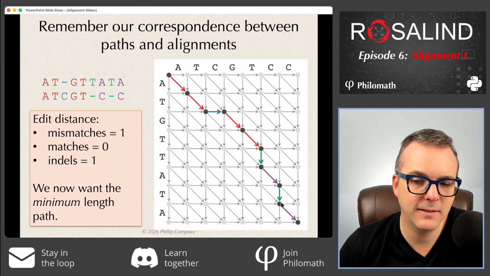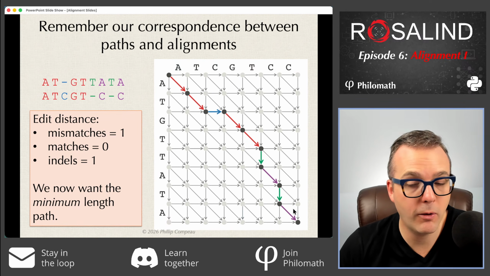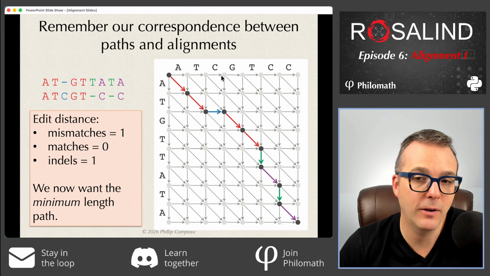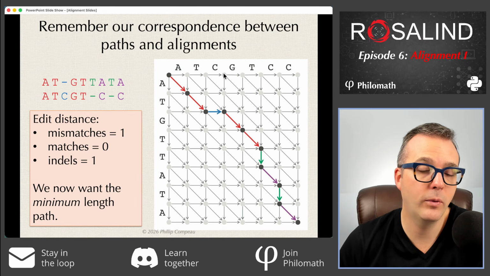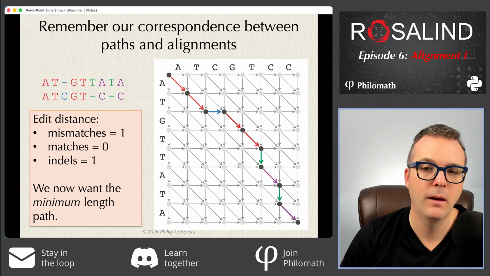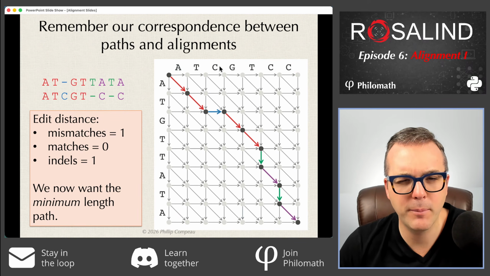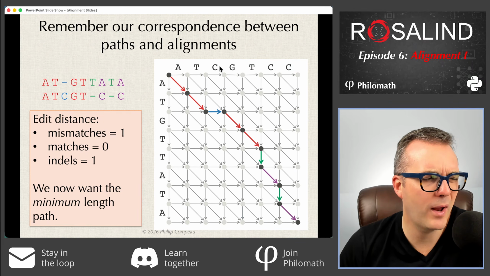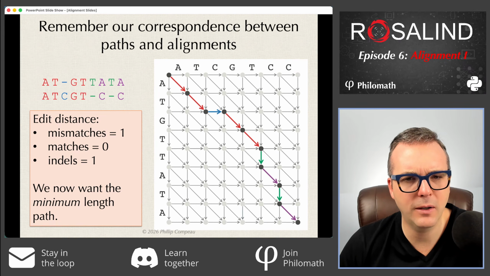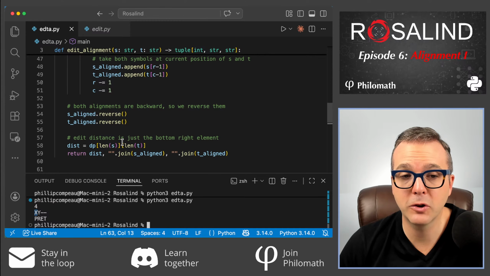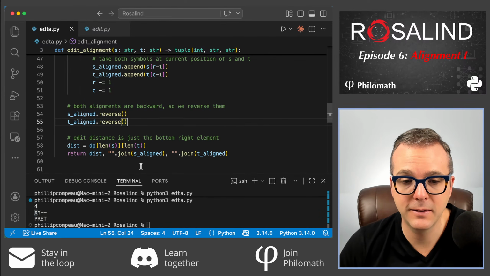But if we have a test case where we eventually hit this node, the algorithm would just say, okay, I'm done. The problem is that we've used all the symbols of S, but not all the symbols of T, so our alignment would be a little bit short. Without rewriting the code, it's hard for me to construct a test data set where that's the case. It's better to just make sure that our function is technically correct.